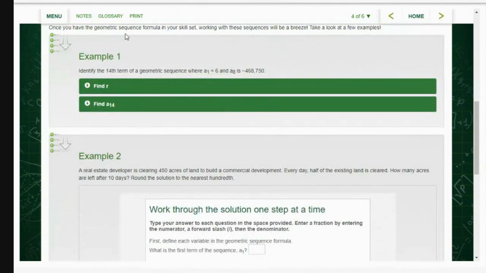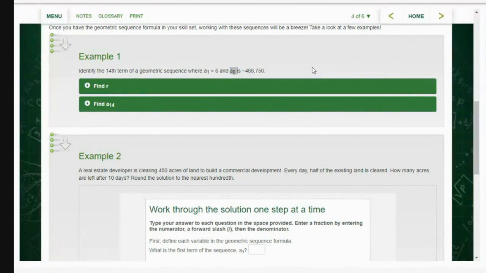Once you have the geometric sequence formula, you can identify the 14th term where A1 is this and A8 is this. Okay, let's try that example together, just because that's a little tricky. They gave us A1 as 6, and A8 is negative 468,750.